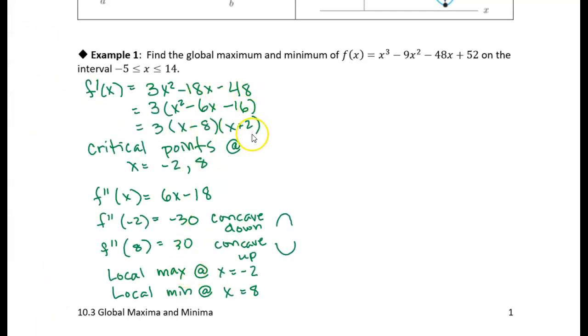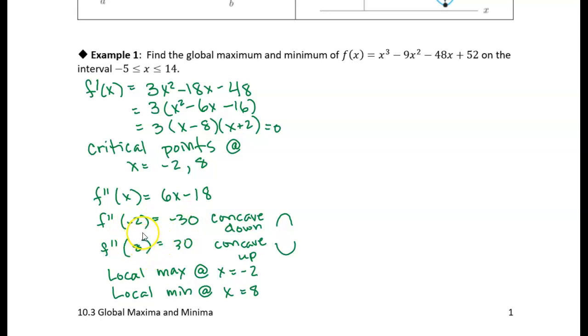Since we've already done this, I just wrote it out here for you. We take the first derivative and set it equal to 0, and we find that the critical points are at -2 and 8. Then I used the second derivative test. I took the second derivative, just the derivative of the derivative, and then evaluated it at those 2 points, -2 and 8.